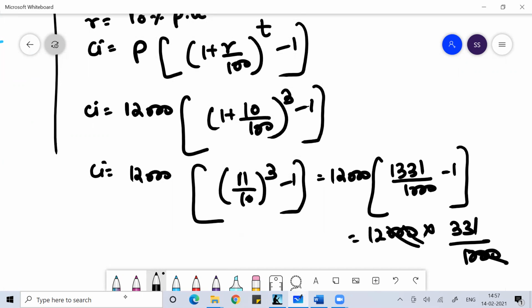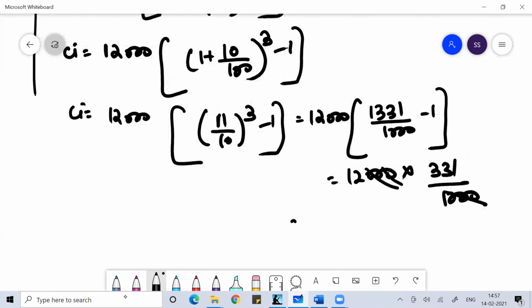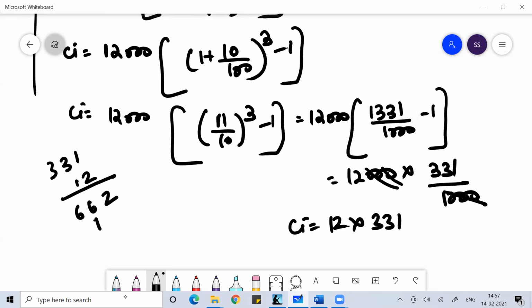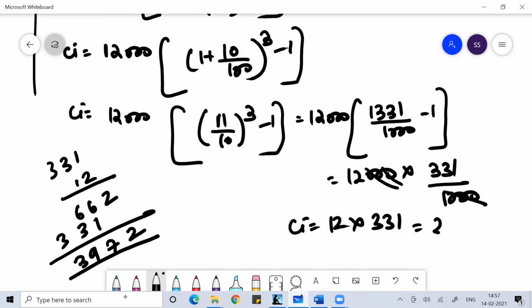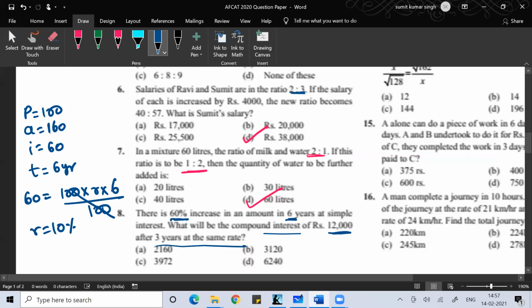So your compound interest value is 12 into 331. So 331 into 2 is 662, and 331 into 12 is 3972. So the value of compound interest is 3972. This is the value of your compound interest. Clear everyone? Anyone have any doubt?